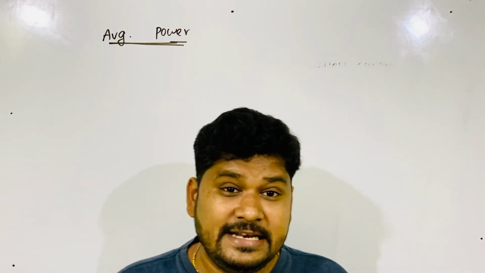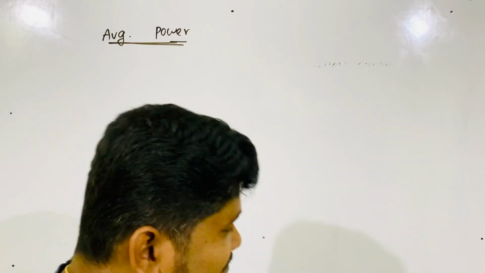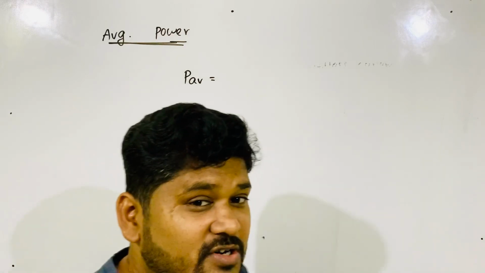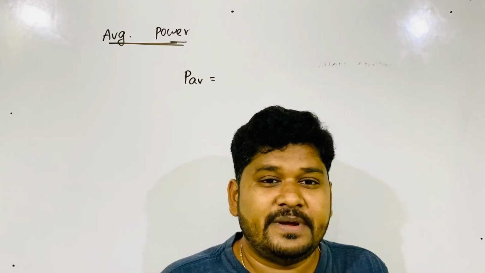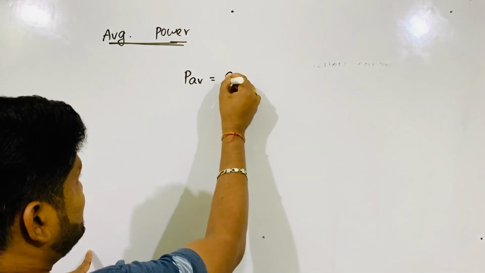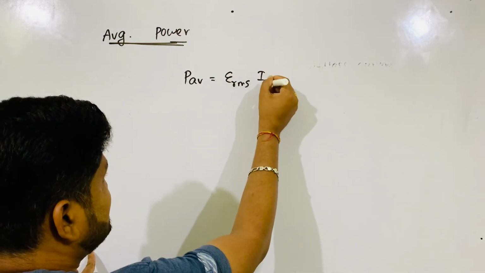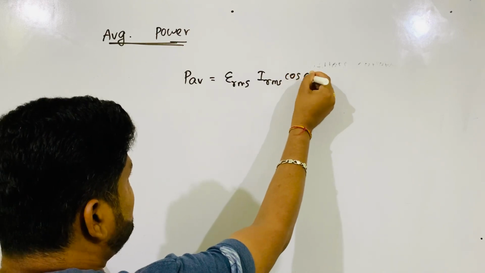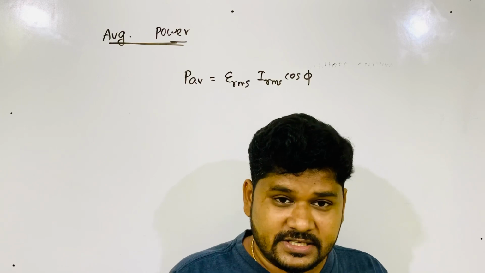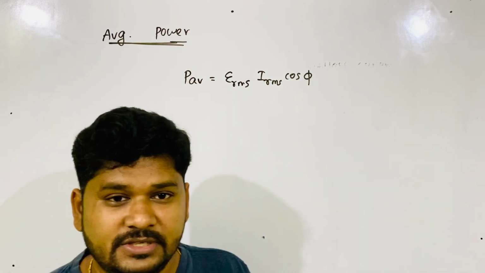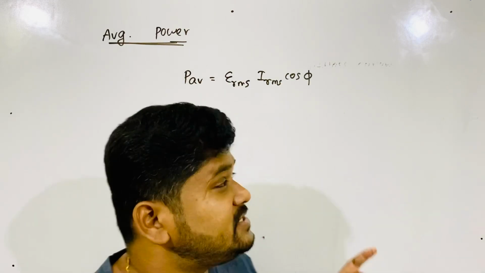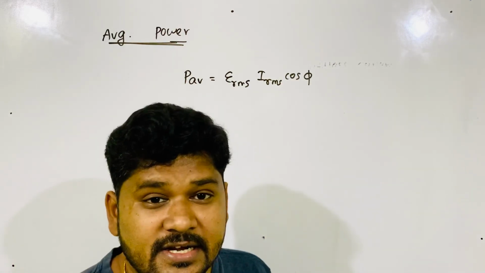But in an LCR circuit, where the phase difference is not 90 degrees, maybe 45 degrees, maybe 30 degrees, maybe 20 degrees, there you have to use this formula E RMS, I RMS, cos phi, where the phase difference is neither 0 nor pi by 2. In that case, there is some phase difference between current and voltage.